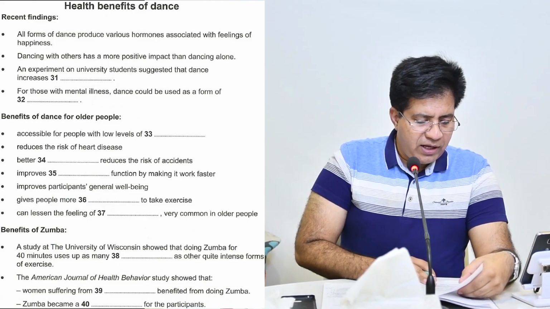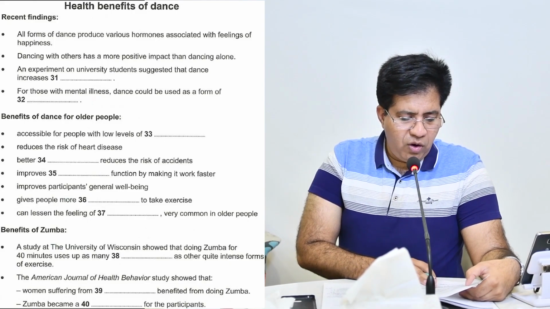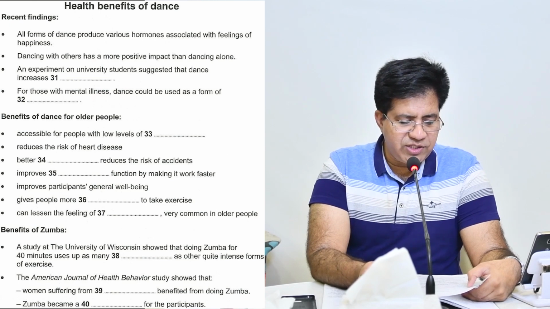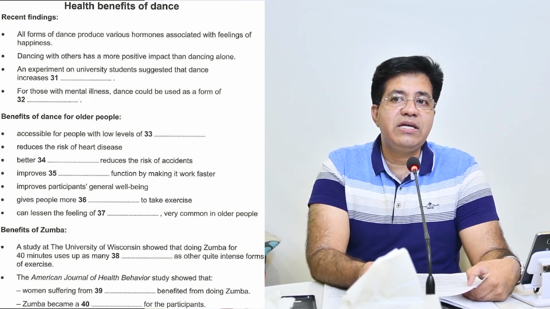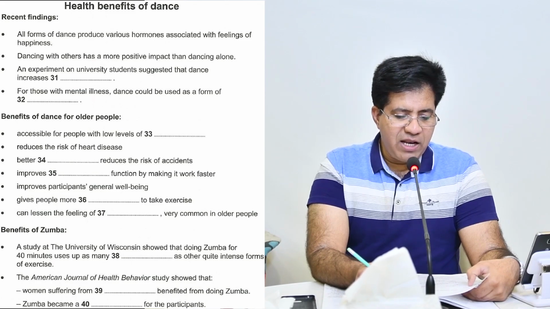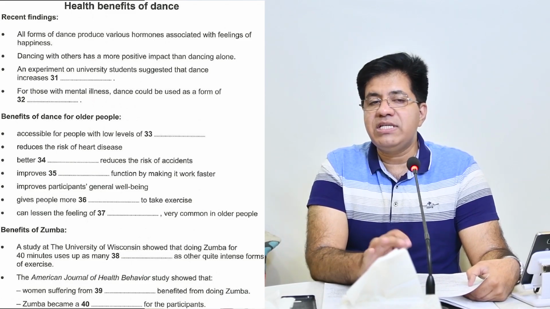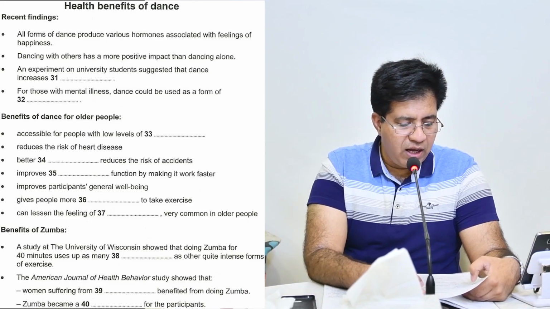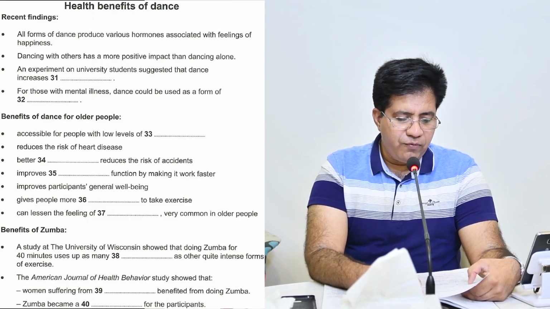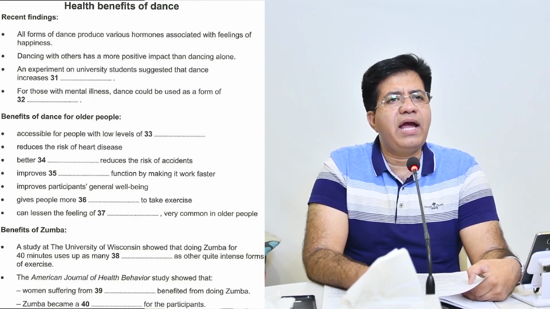Question number 31. An experiment on university students suggested that dance increases. Underline the word increases. And experiment on university students means research, study and all that. Dance increases. Now, for increases, they can use a variety of words.